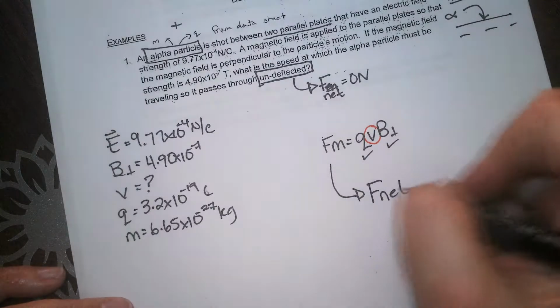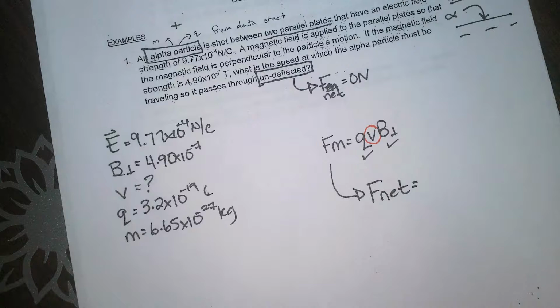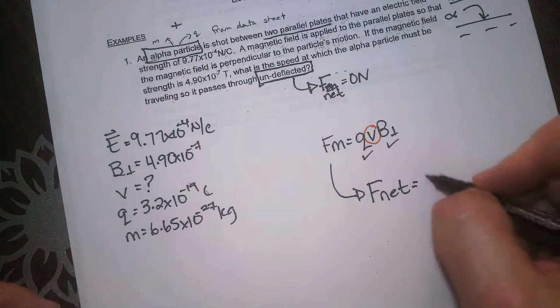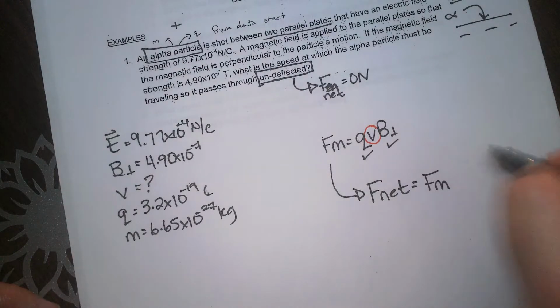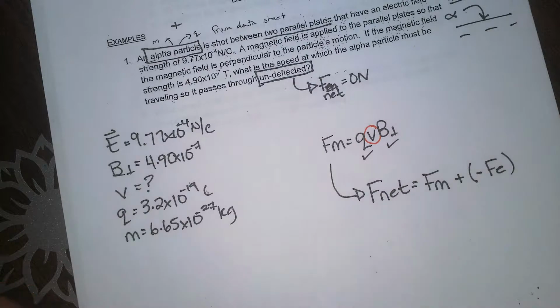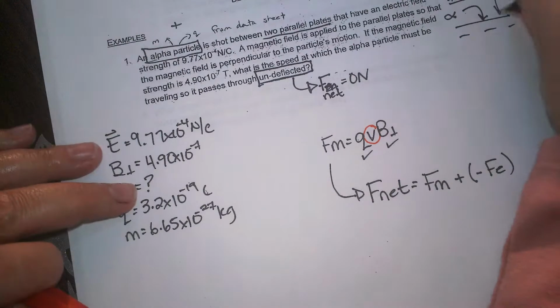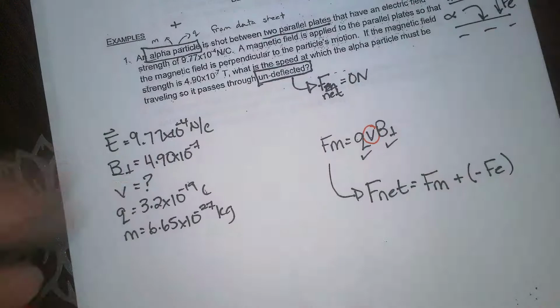Force net would be equal to force magnetic plus negative force electric. And they've got to be in opposite directions. If they're in the same, it's not going to work. Okay, here the force electric is moving down.